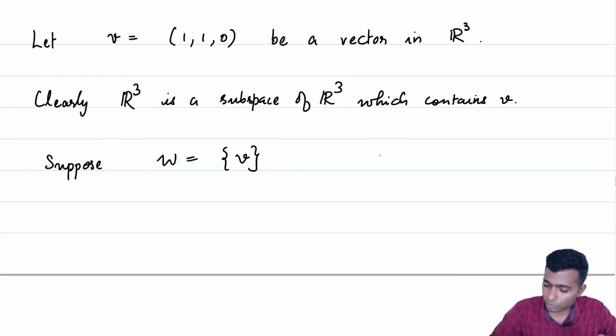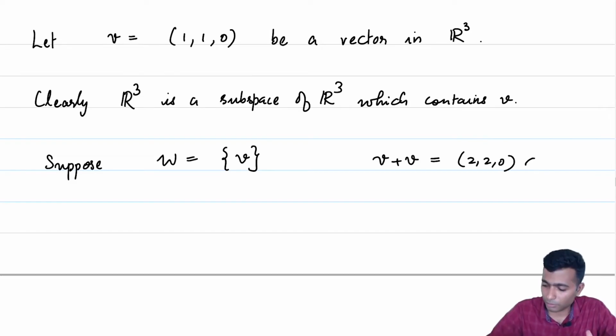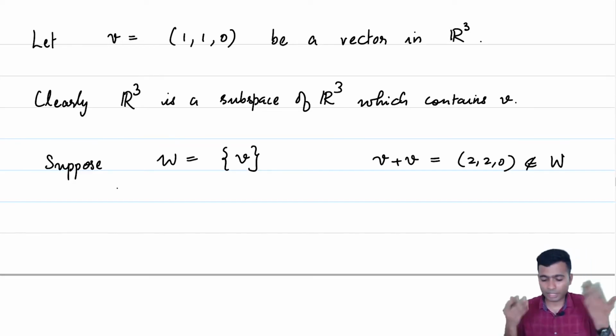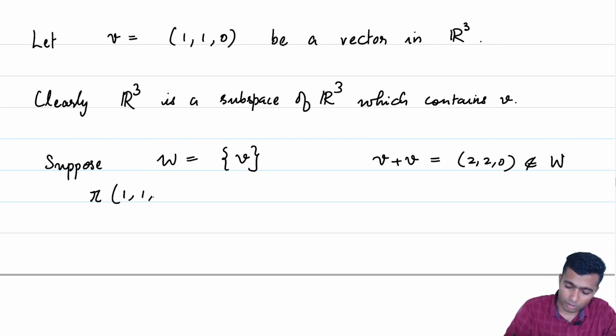because what is 2 times V, or V plus V? It is just equal to (2, 2, 0), right? V is (1, 1, 0), so V plus V does not belong to our W, because W is just containing (1, 1, 0). Similarly, you take any scalar multiple of V for that matter. Let's look at pi times (1, 1, 0).